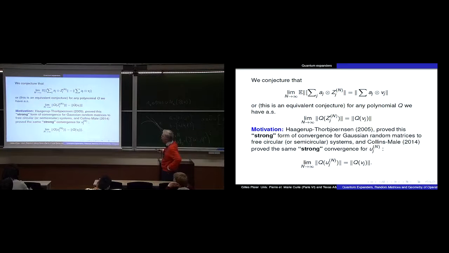So whenever you have coefficients, you should get, in the limit, the same results with these free generators on the free group. This is motivated by several cases in the work of Camille Male in France, where this kind of strong convergence was proved after Haagerup and Thorbjørnsen. And there's a very pretty recent paper by Benoit Collins, who's now a Japanese mathematician, and Camille Male, who's still in France.